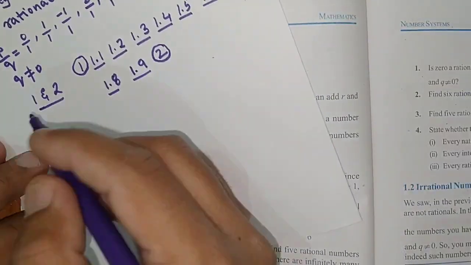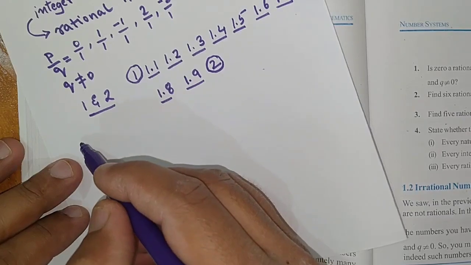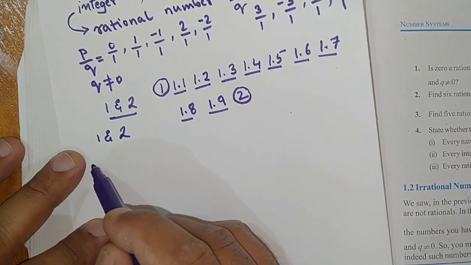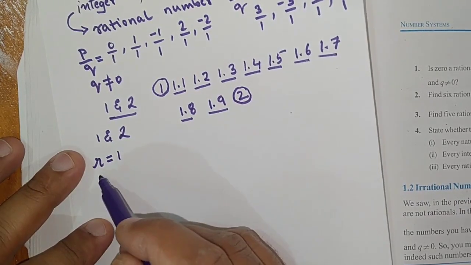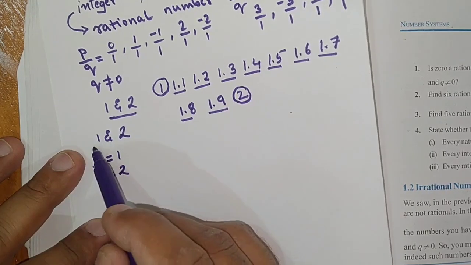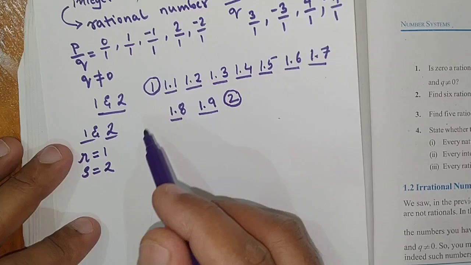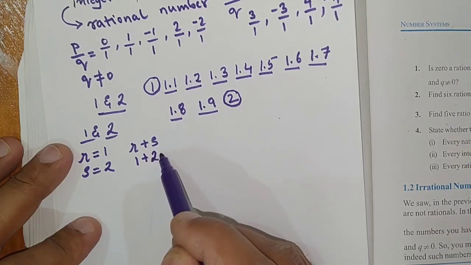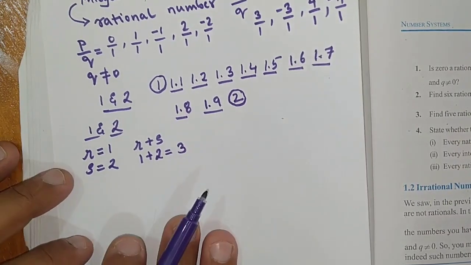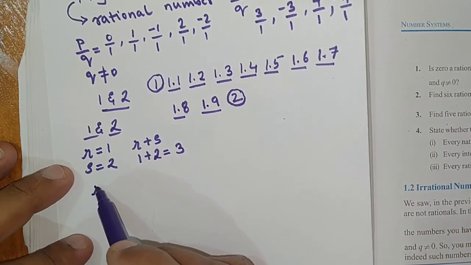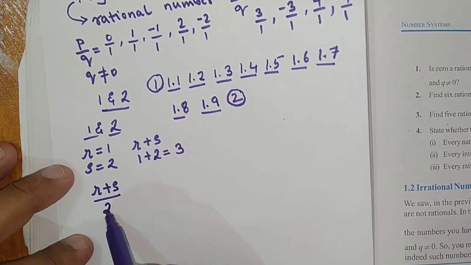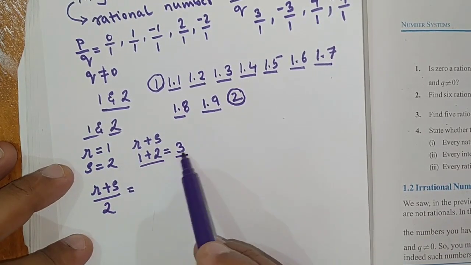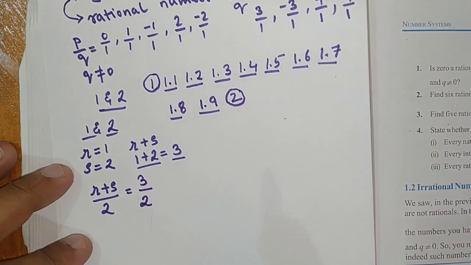So here 1 and 2, let us say R is equal to 1, S is equal to 2. R plus S, 1 plus 2, is equal to 3. Then R plus S divided by 2 is 3 divided by 2.